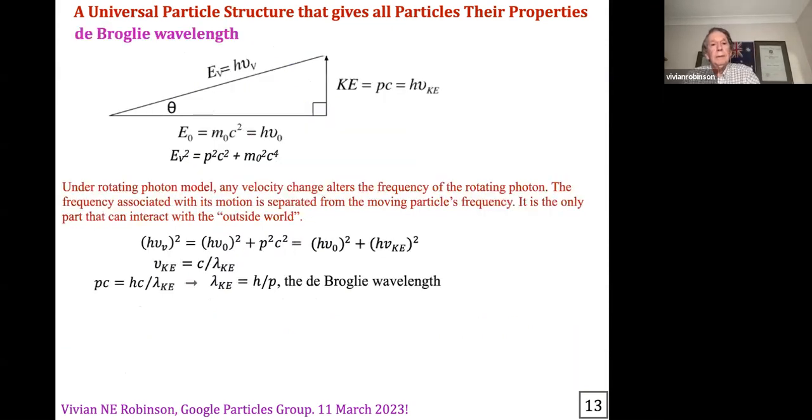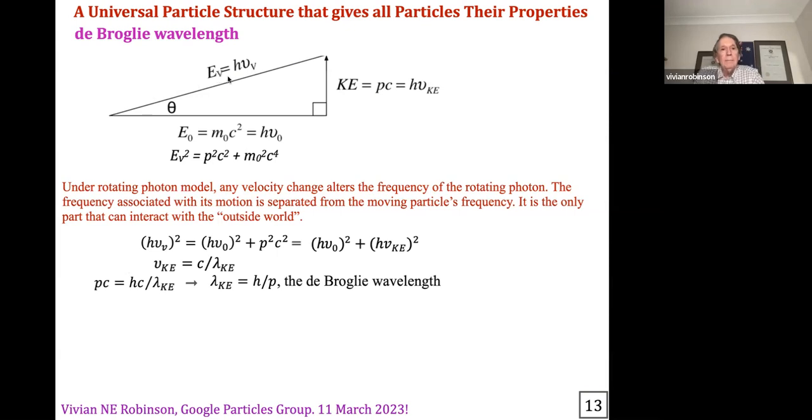The other one of interest is the de Broglie wavelength. The thing about this particular model is that everything has a frequency. The rest mass energy of a particle is m0 c squared equals h times its rest frequency.